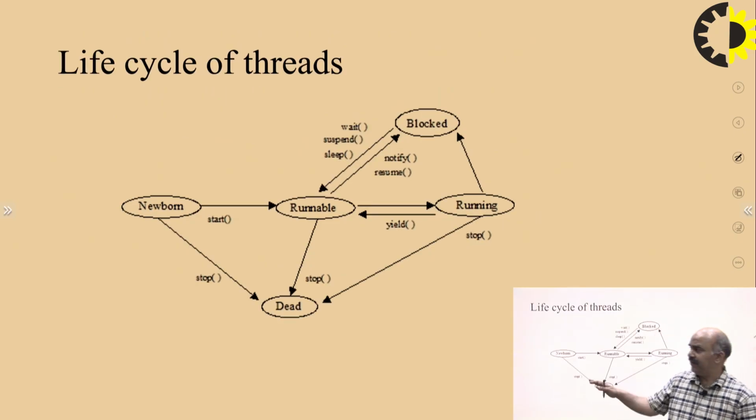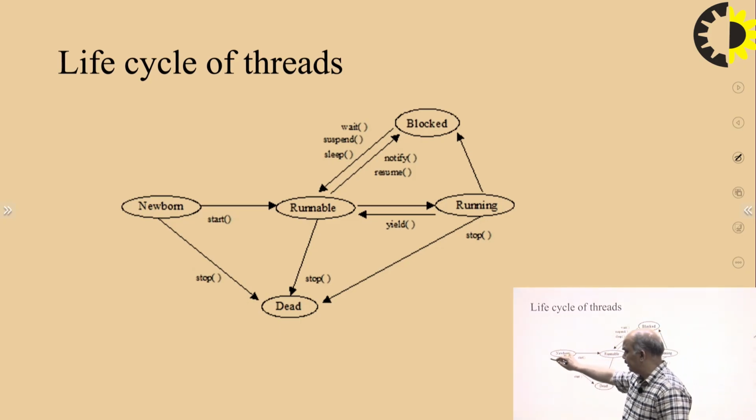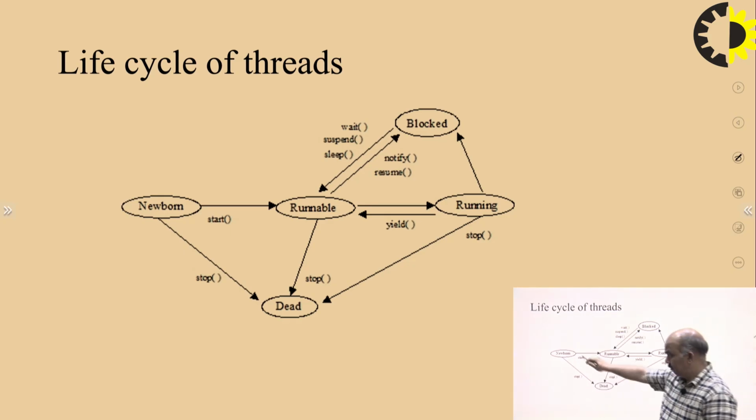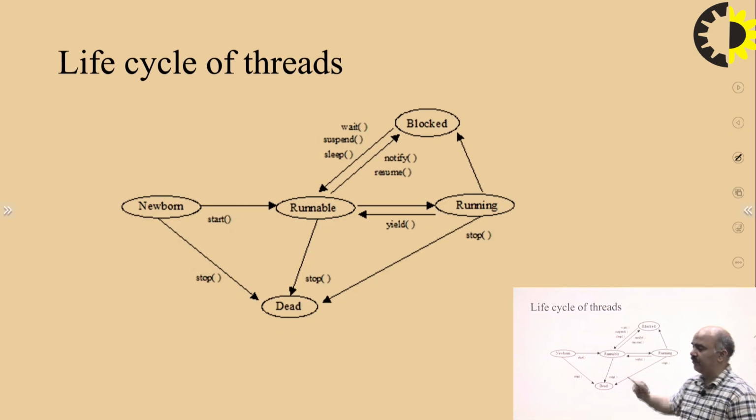This is the basic life cycle of threads. Threads pass through various stages, 1, 2, 3, 4 and 5, five stages through which any thread has to pass, or you can say this is the life cycle of any thread. Whenever any program is executed, it comes to compilation and run.